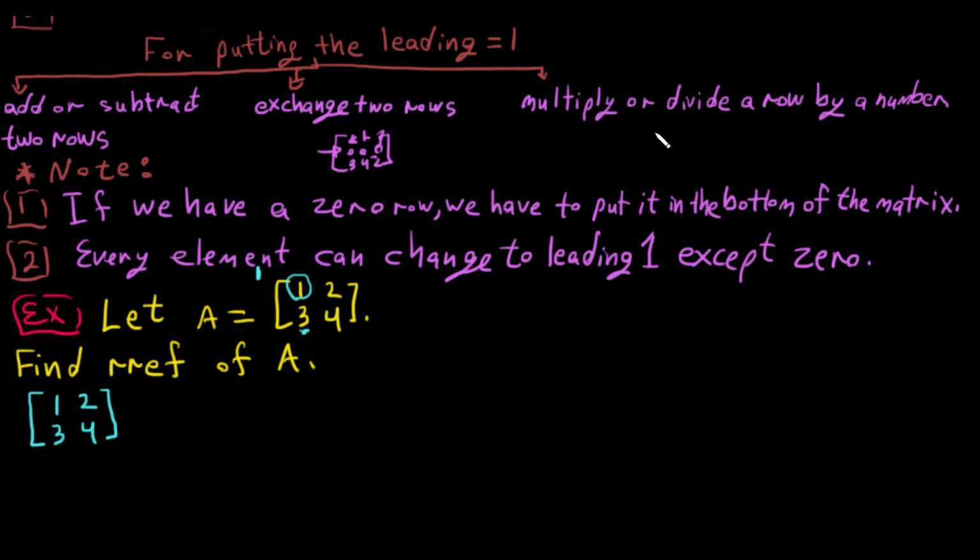You can divide this row by 3, which becomes this one and this one 4/3. I don't recommend this way because it takes 2 steps, but if you add or subtract 2 rows, you will do it in 1 step.